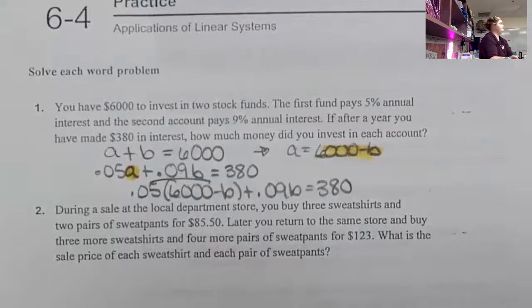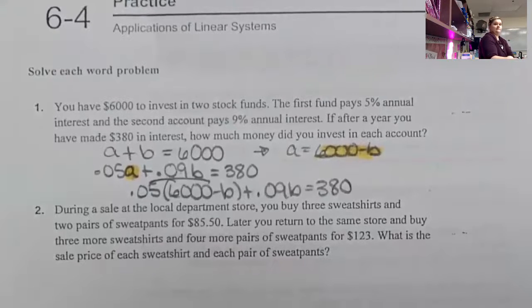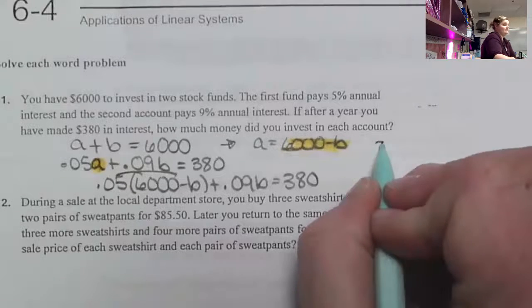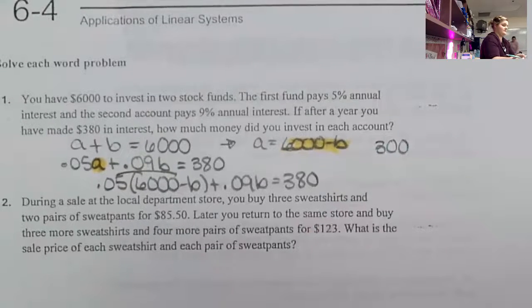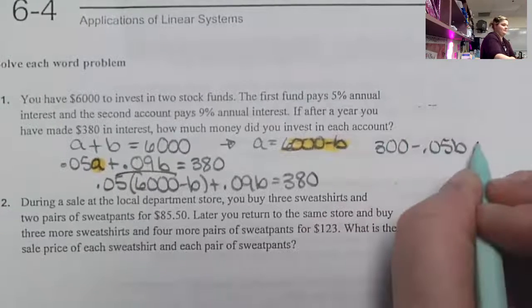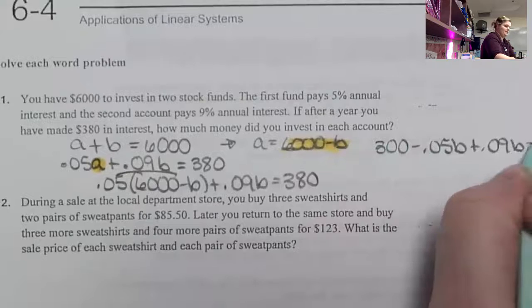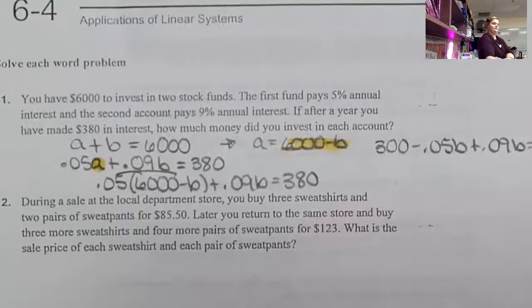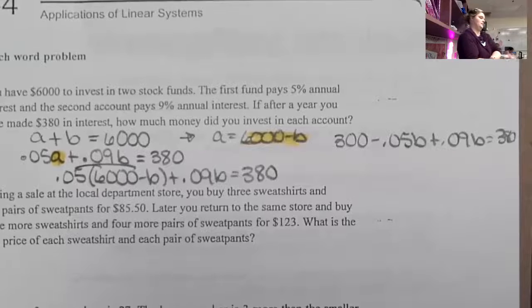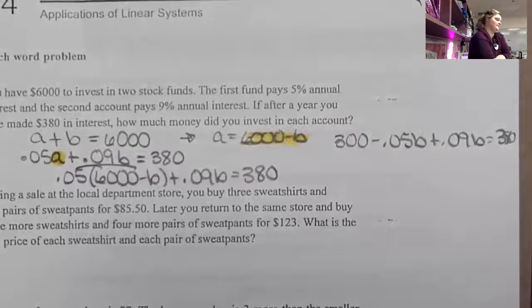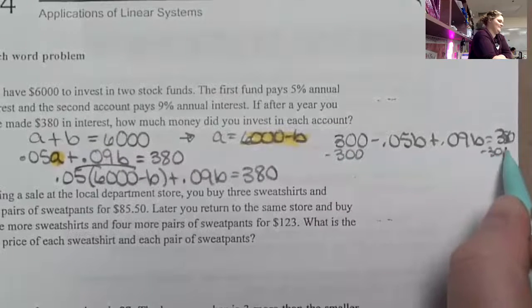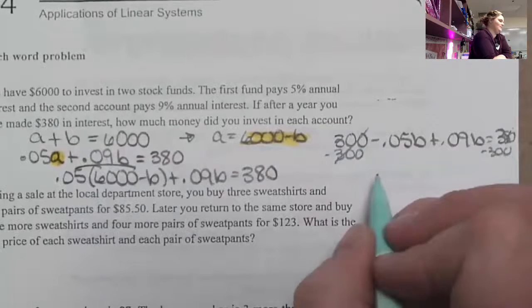Grab one. 0.05 times 6,000 is 300 minus the 0.05 B plus the 0.09 B equals that 380. That says 380 there, even though it's ugly. I wrote more when I looked up for one second. It's okay, you'll catch up.